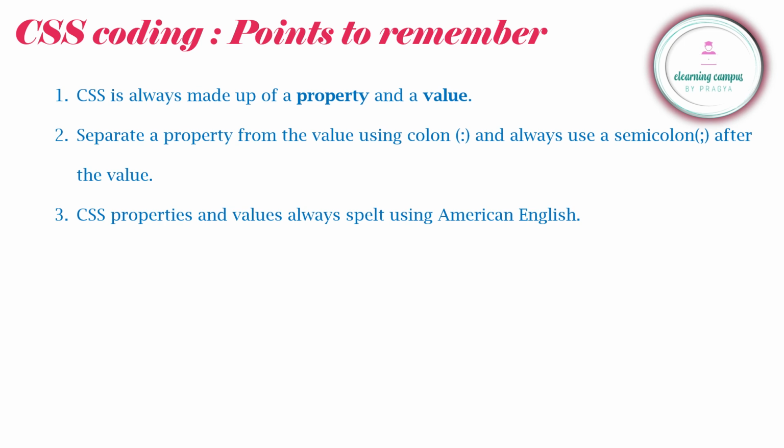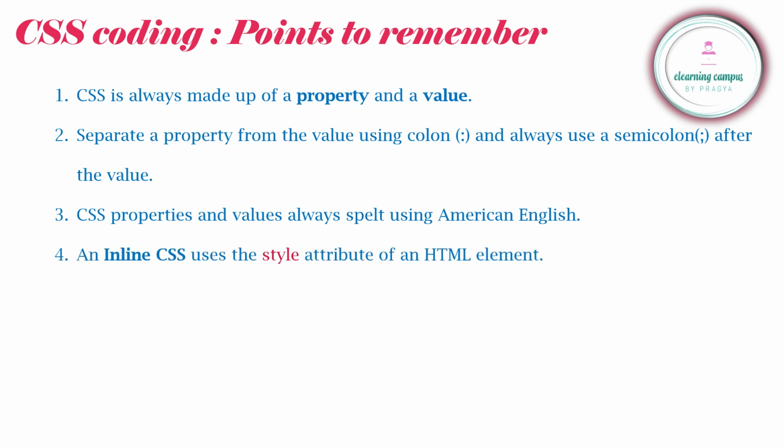Remember this thing. American English means, usually what spelling we use for color? COLOUR, but American English uses COLOR. In the same way for center, American English uses CENTER. So a few changes are there in American English. So for CSS properties and values we use American English.